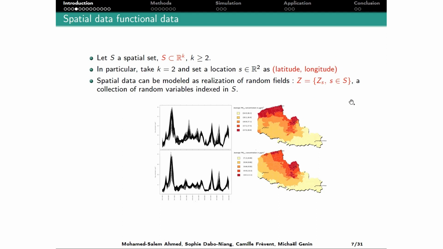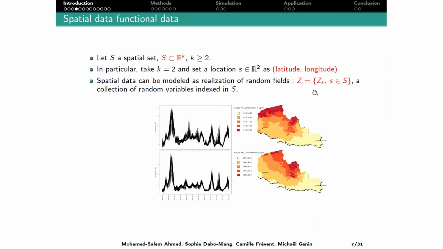If we model it from a probabilistic point of view, I would say that the data set here comes from a collection or a family of random variables indexed by the set S. So s is a point here, and Z_s is an observation. Okay.